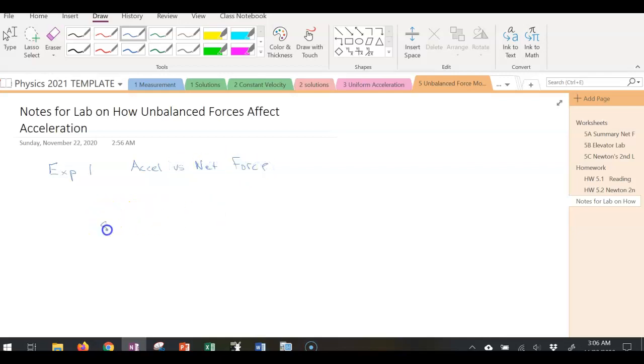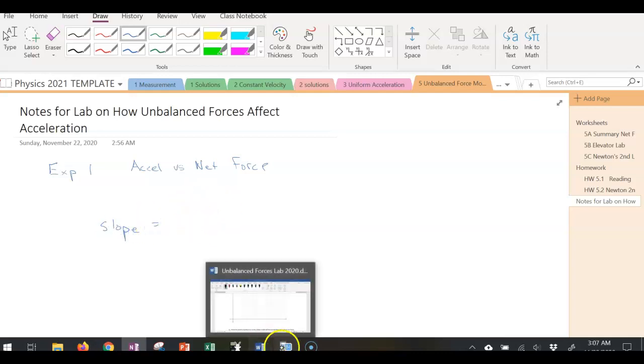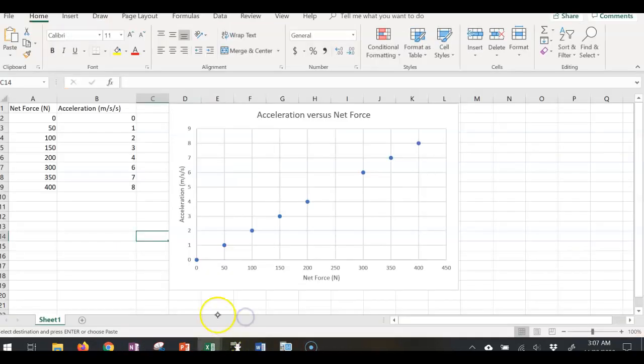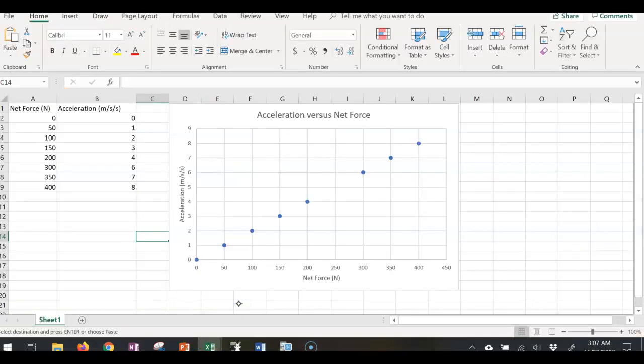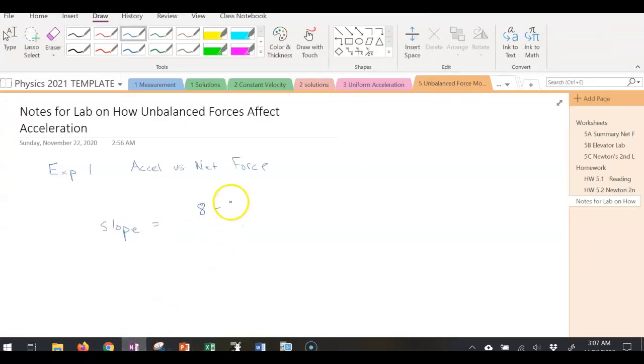And I'm going to find the slope. I'm going to use my second and last data points, or maybe I'll use the third and last. Okay, so I think I see what we've got to do here. So I've got 8 minus 2 and 400 minus 100.